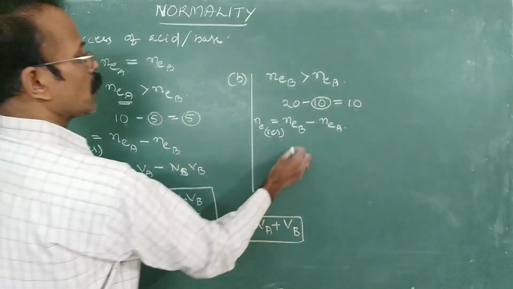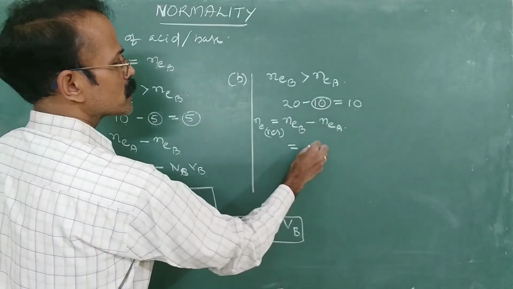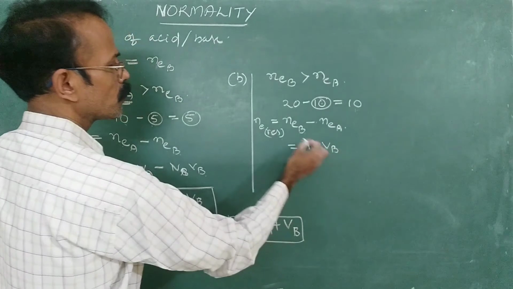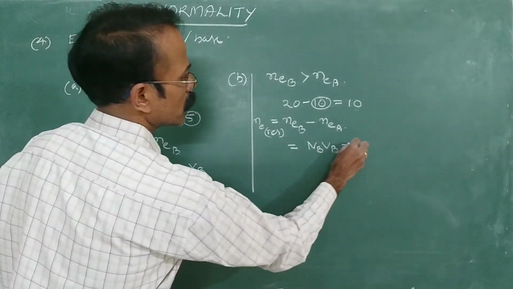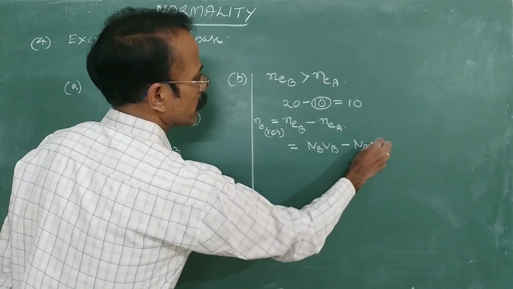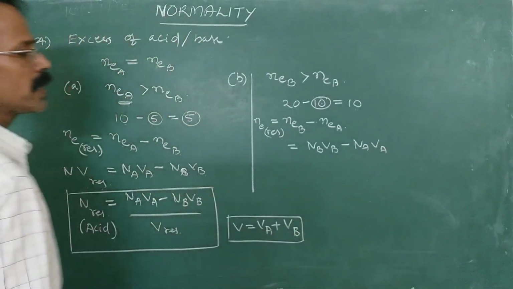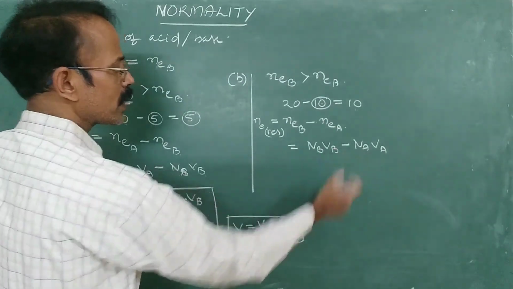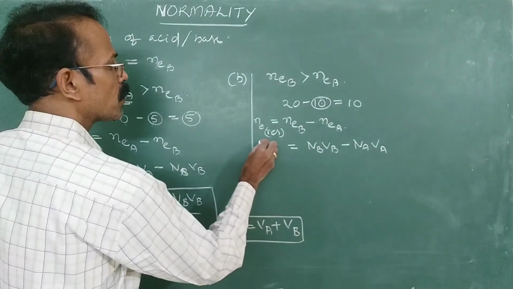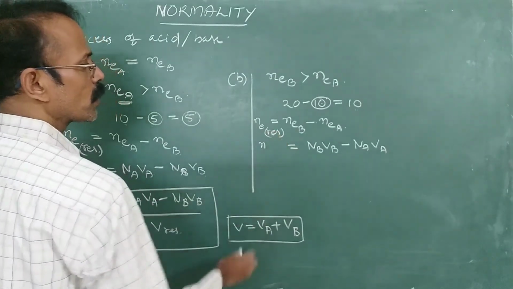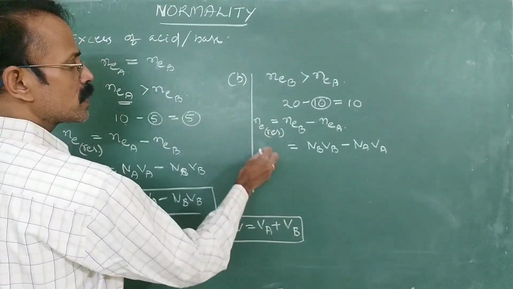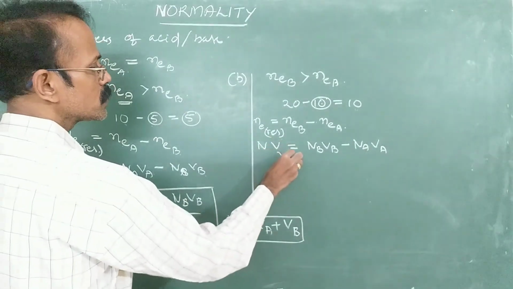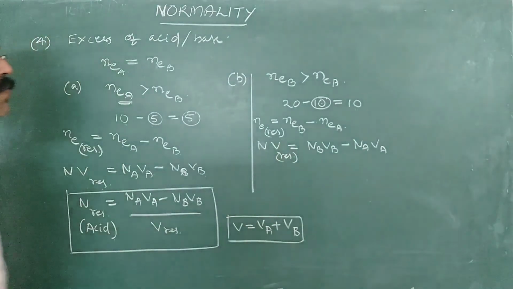For the number of equivalents of base, we can write NbVb, since normality into volume gives number of equivalents, minus NaVa, where normality into volume again gives number of equivalents. Now if you take the difference, you will get the number of equivalents of the resulting solution, which again equals normality into volume of the resulting solution.